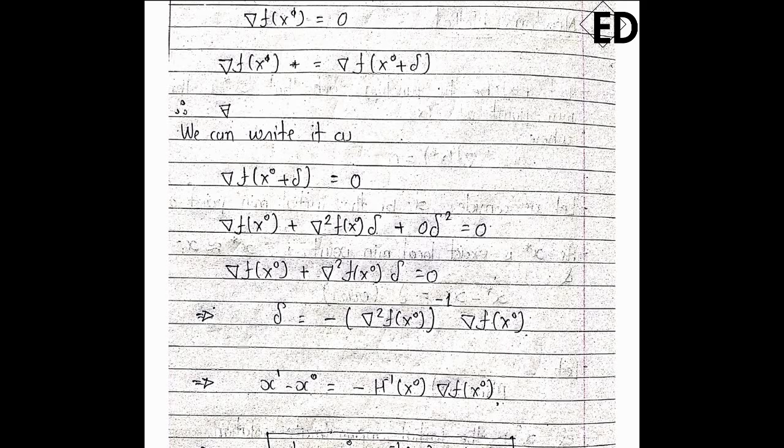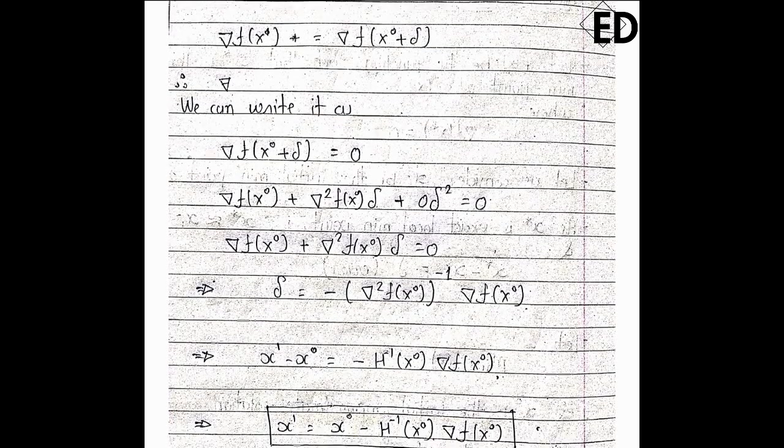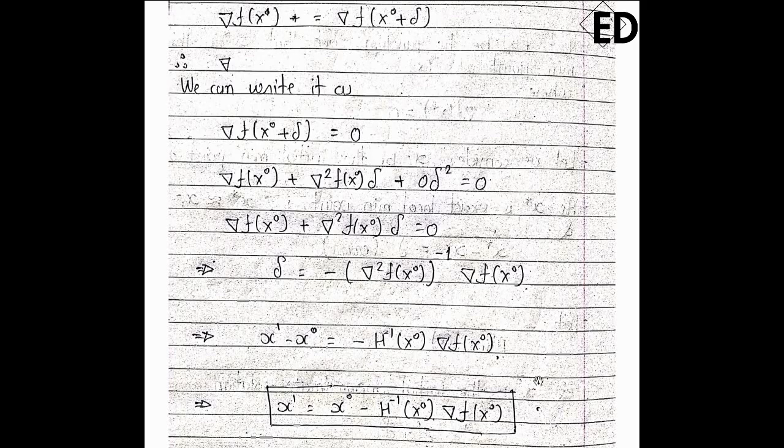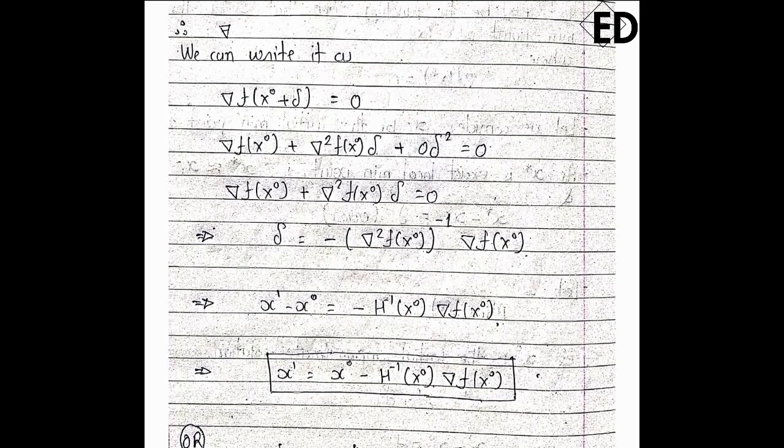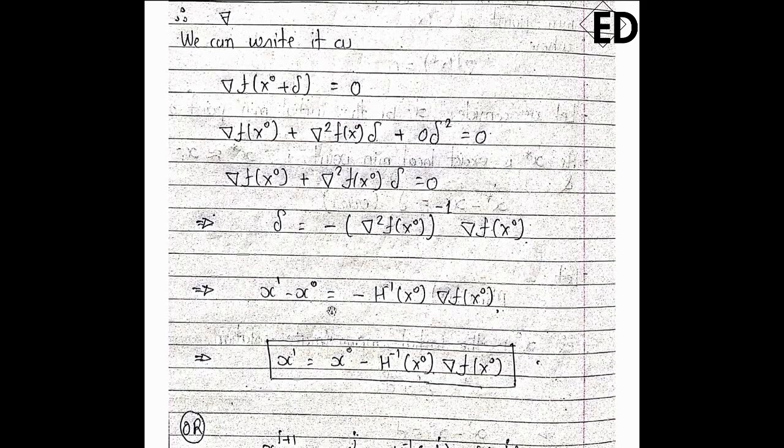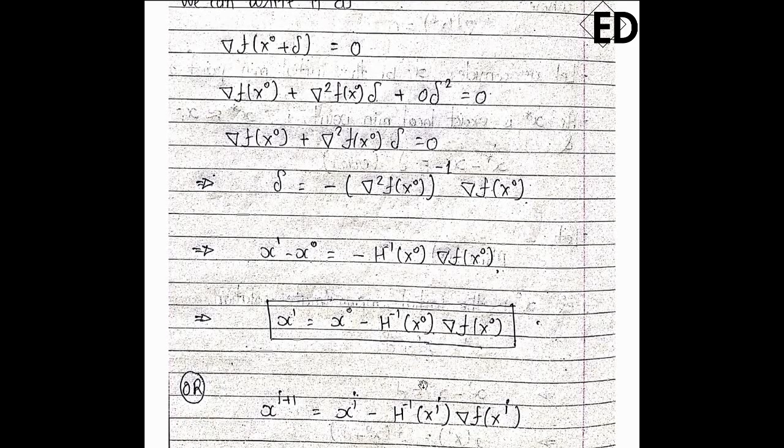We are just doing some mathematical steps here, and you have to look at it because this formula is very useful while solving examples. This is the formula that we are going to use for calculating our next best solution. x0 is our initial best solution and xi is our next best solution, and this is nothing but the Hessian matrix of the initial one.